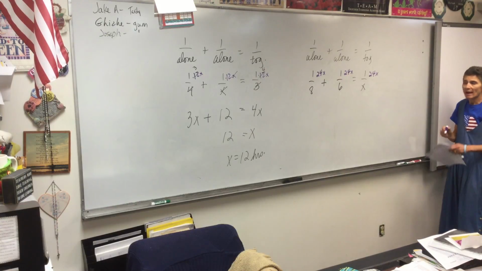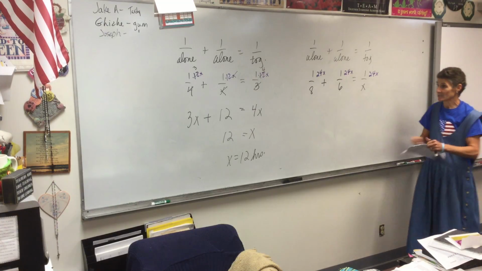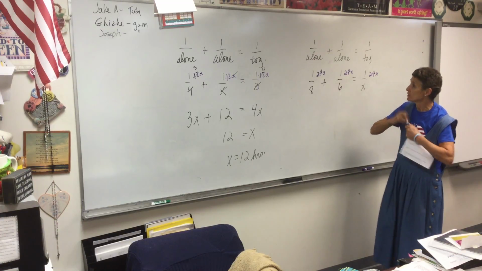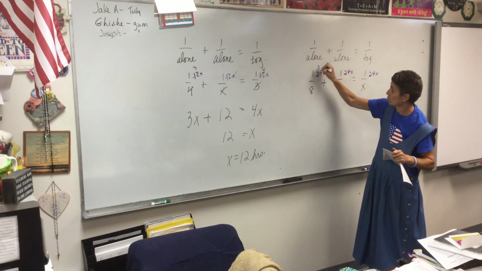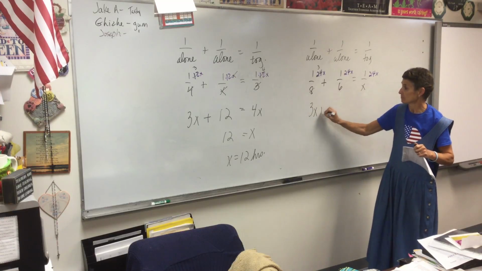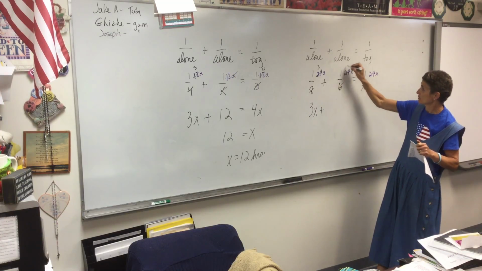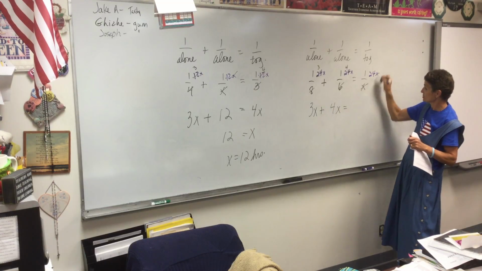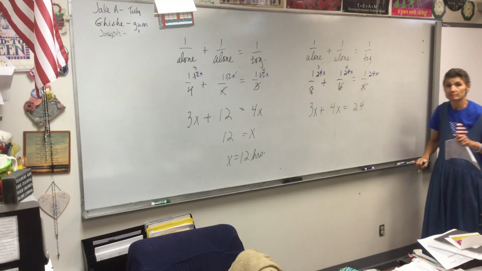You can use whatever number you want as long as it will cancel all the denominators. So 8 will cancel into 24 3 times. 6 will cancel into 24 4 times. And the x's go away and leave me with 24.